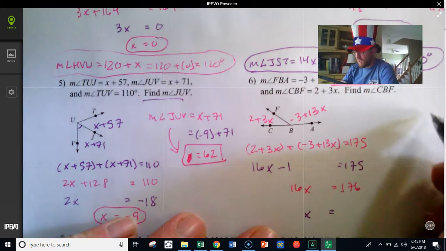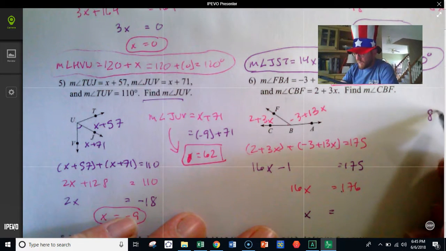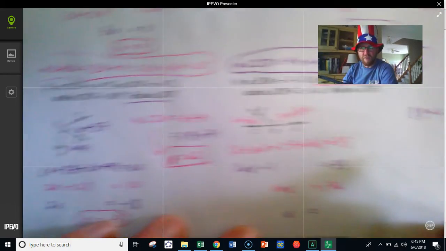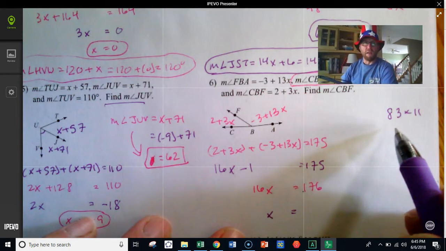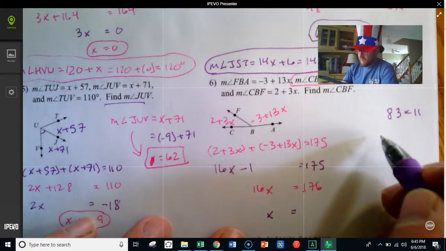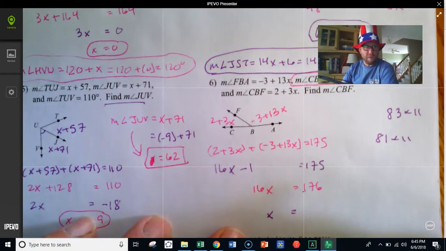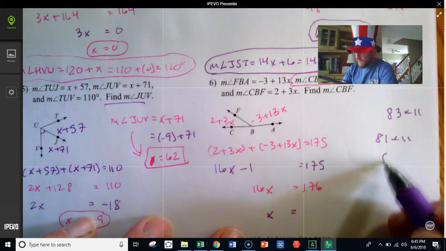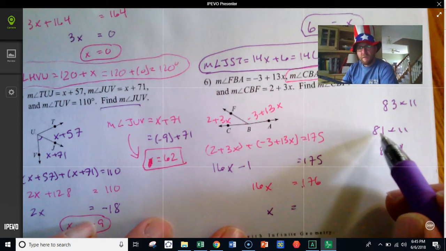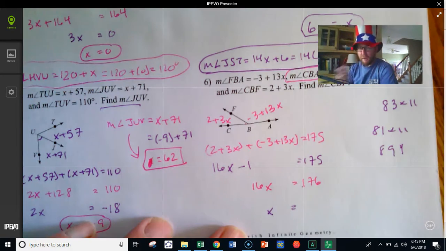So for example, 83 times 11 would not be 8, 11, 3, but say 81 times 11 would be 8, 1, and then 8 plus 1 is 9 in the middle.